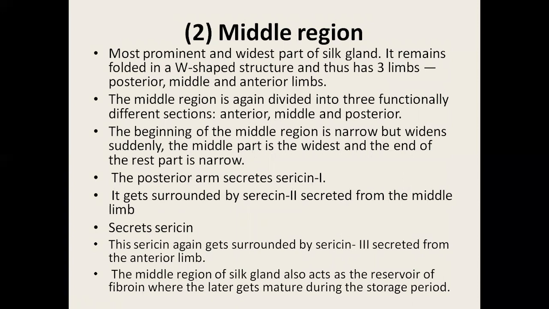Middle region. The middle region is the most prominent and widest part of the silk gland. It remains folded in a W-shaped structure and it has three limbs: posterior, middle and anterior limbs. So you can see in the middle region of the silk gland, it is a W-shaped structure.